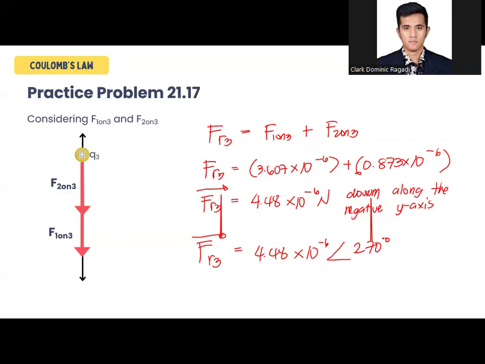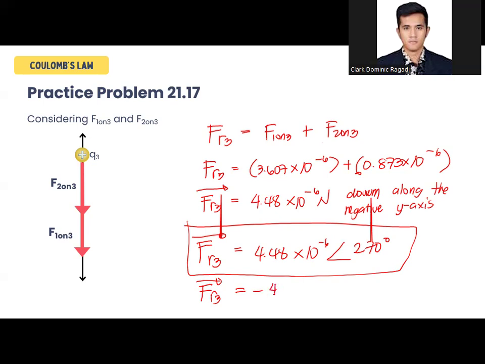So that's our answer. Or if you want to write it in unit vector, F_R3 is equal to, since there is no x and z components, we only have the y component, and it is directed downwards, so it is negative 4.48 times 10 to the power of negative 6.